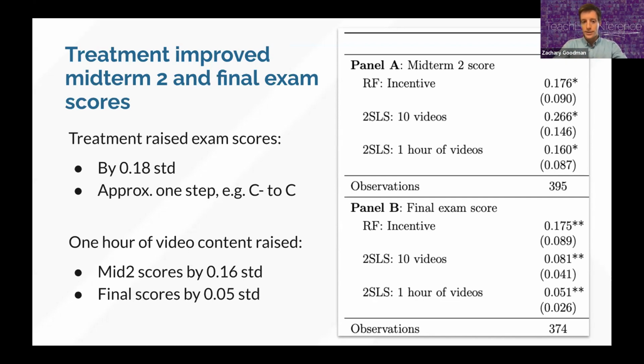And we think the reason why the returns were so much larger for the second midterm compared to the final is that a lot of students waited until the last week to watch the bulk of their videos to hit that 40. And by doing so, we think that watered down some of the effectiveness of the videos. And so what that tells us is if we were to rerun this experiment, it might make sense to offer intermediate deadlines rather than one deadline right before the final exam to try to get over that binge watching behavior for a subset of students.